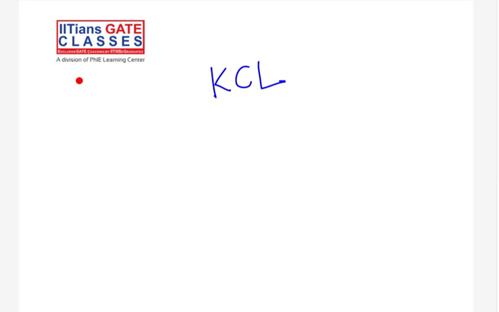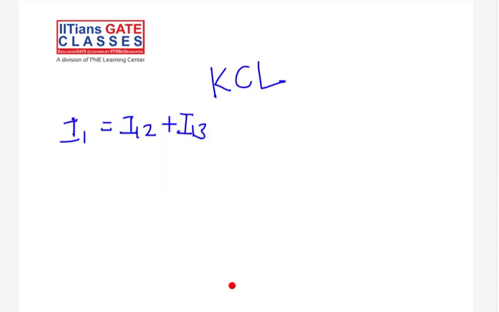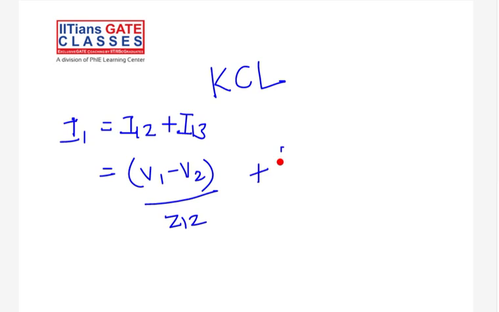So if I apply Kirchhoff's current law at node 1, it would be I1 is equal to I12 plus I13. Right? So look at it. I1 is equal to I12 plus I13, right? So what would be I12? It would be basically V1 minus V2 divided by Z12 plus V1 minus V3 divided by Z13, right?